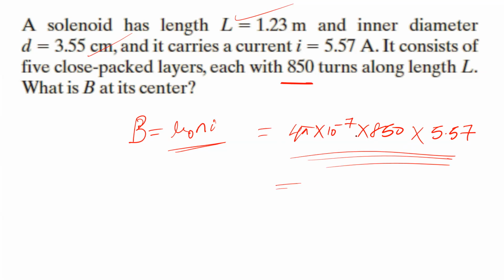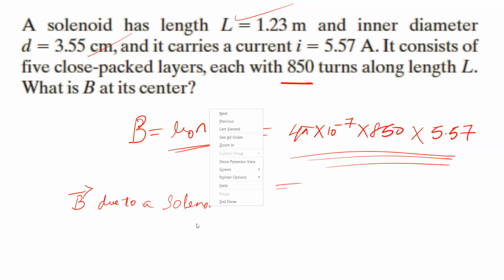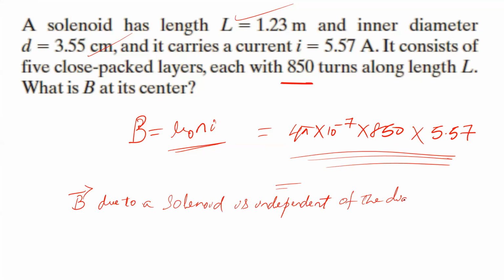Okay, so the magnetic field due to a solenoid is independent of, or does not depend on, the diameter of the windings, so it is independent of the winding.